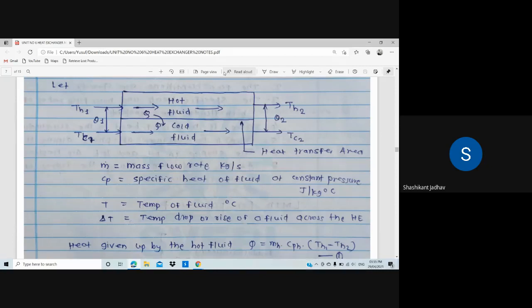Okay, Cp is the specific heat of the fluid. If hot fluid is there, then it is the specific heat of the hot fluid; if cold fluid is there, then the specific heat of the cold fluid.